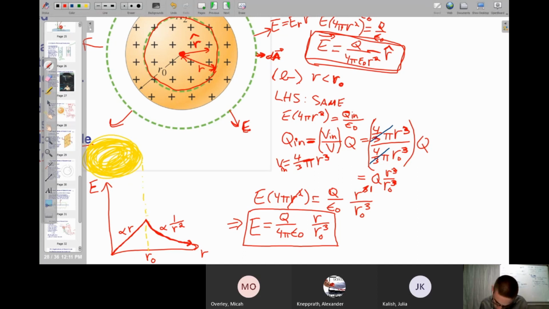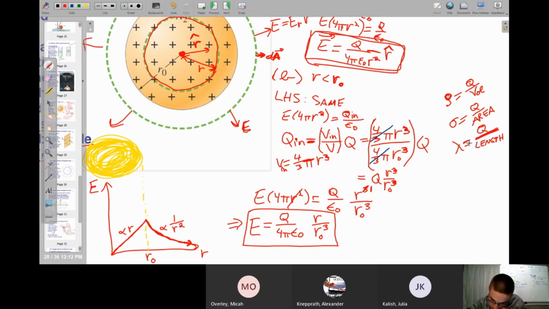One thing I should point out is that sometimes people use this notation, where rho is charge per unit volume, sigma is charge per unit area, and lambda is charge per unit length.